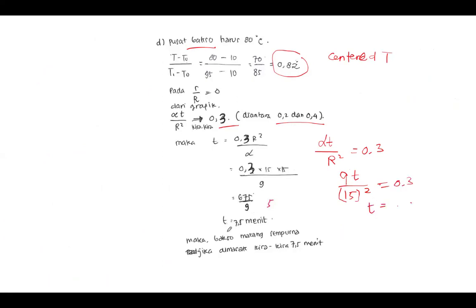So it's about 7.5. The meatball will be fully cooked after 7.5 minutes. That's why I said, if I cook a roast chicken, I can calculate how long I should wait inside the oven to make sure everything is fully cooked.